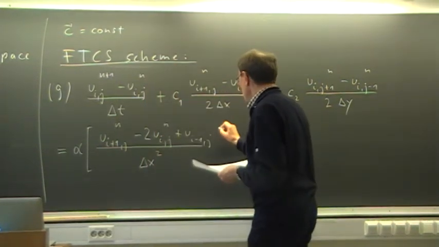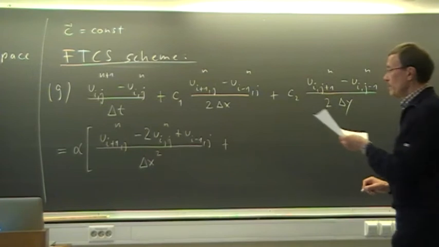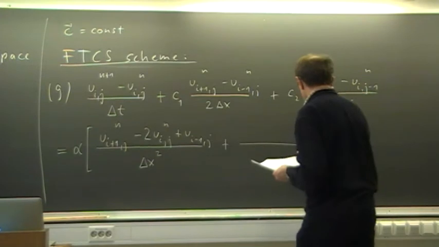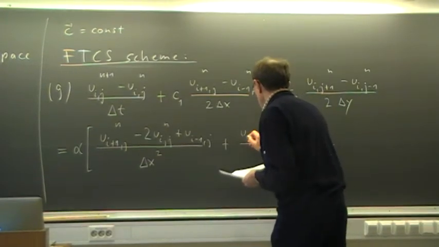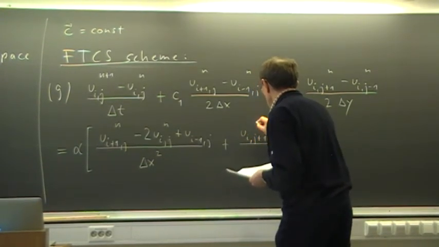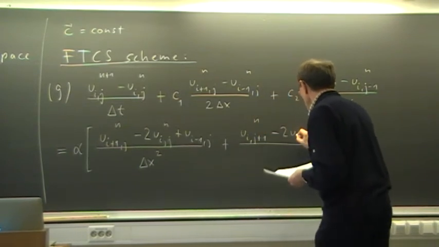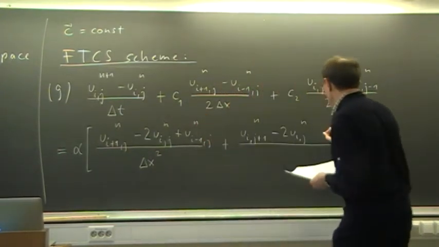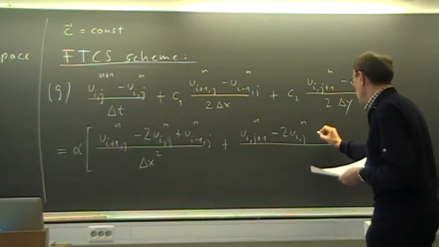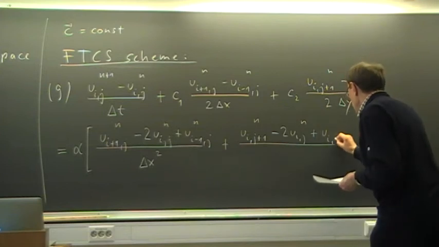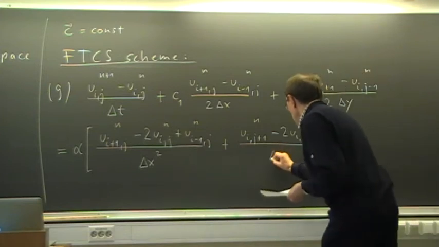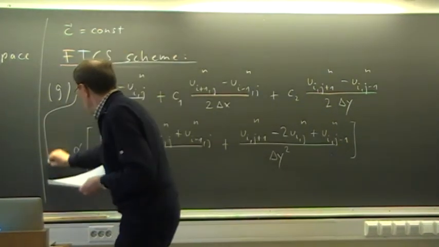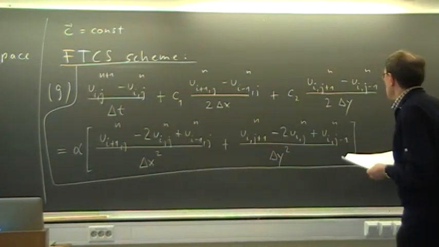So that is the discretization of the second derivative of u with respect to x. Similarly, the second derivative of u with respect to y, that is u i j plus 1 n minus 2 u i j n. Here I forgot the n. Everything is at the time level n. And we have the u i j minus 1 n divided by delta y squared. So that is our forward time-centered space scheme.